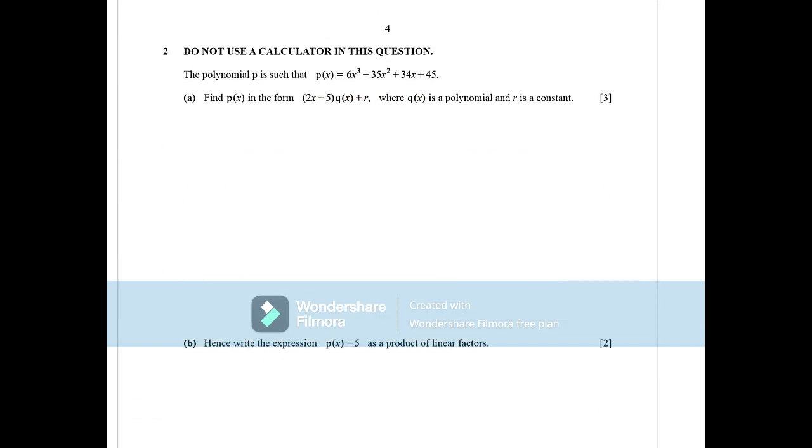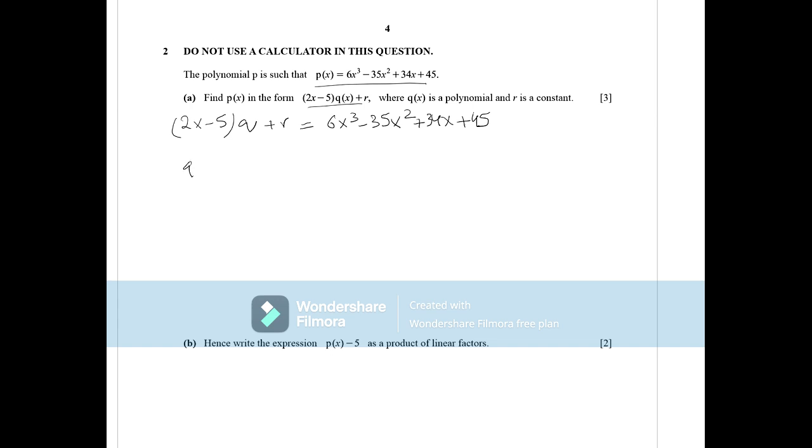Moving on to question 2, you need to express this specific polynomial in a very specific form. What you can do is write (2x minus 5) times q of x plus r is equal to 6x cubed minus 35x squared plus 34x plus 45.